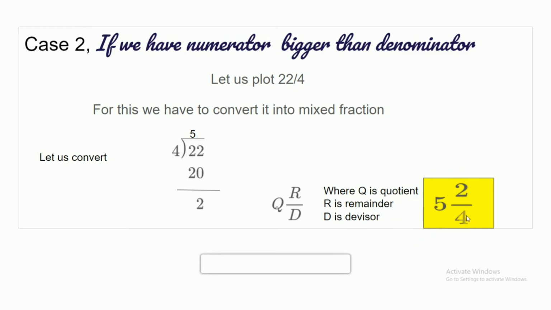Now this figure, 5 and 2 upon 4, lies between 5 and 6. So this figure tells us that it would lie between 5 and 6.